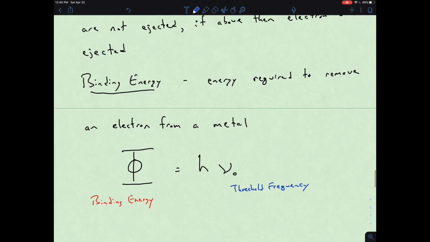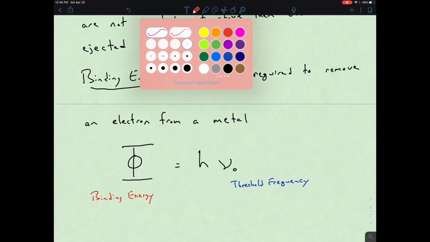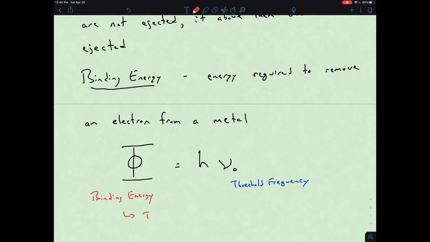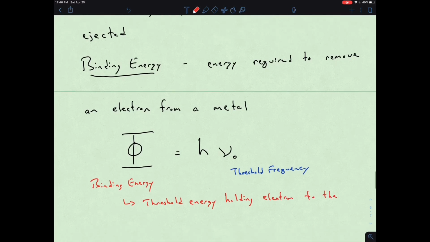And so basically the binding energy, if you will, you could think of as a threshold energy holding electron to the metal. Right? We must surpass this for the photoelectric effect to occur.